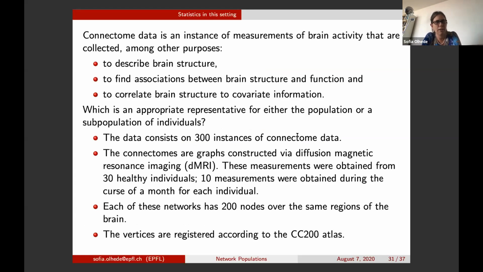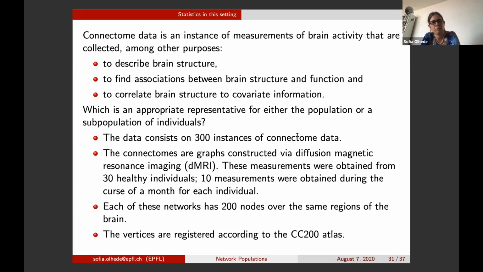So we're now going to look at the Connectome data sets, and people use them to find associations between brain structure and function. They're used to describe brain structure and to correlate it with function. And it's more interesting because, in a sense, all the variables get larger. The data set we've looked at consists of 300 instances, so we have 300 networks.